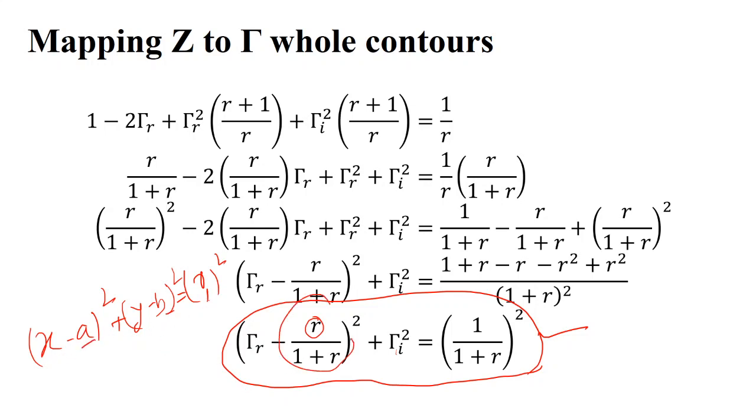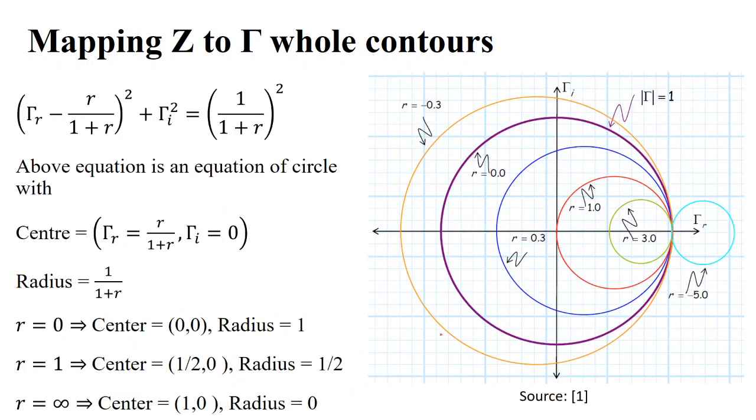Here the center on the y-axis, the imaginary part, will be 0, and this is the radius. You can see in this equation that this is an equation of a circle whose center is this point, and the y-coordinate of the center is 0.